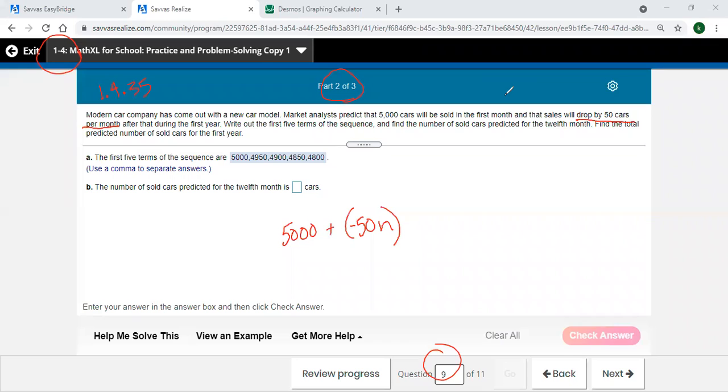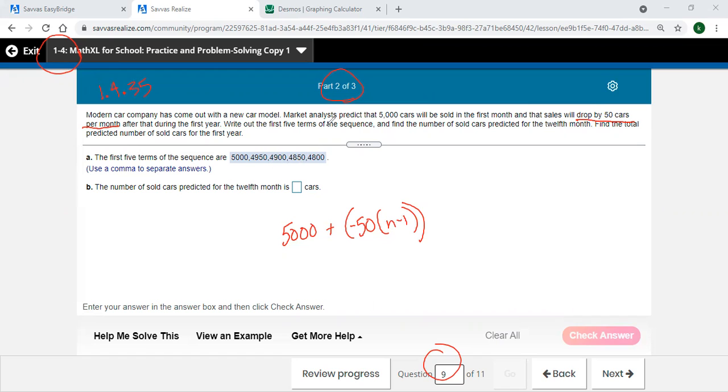So let me back up there. So it would be n minus 1. So if the second month, 2 minus 1, that would actually be subtracting 50. The first month is still the 5,000. So my formula looks something like this.